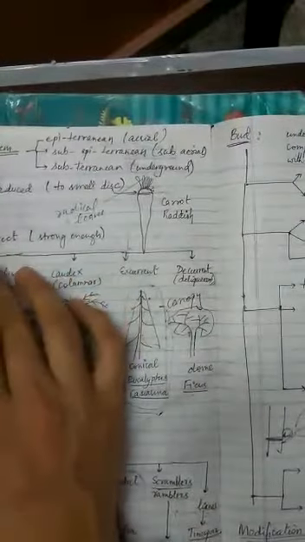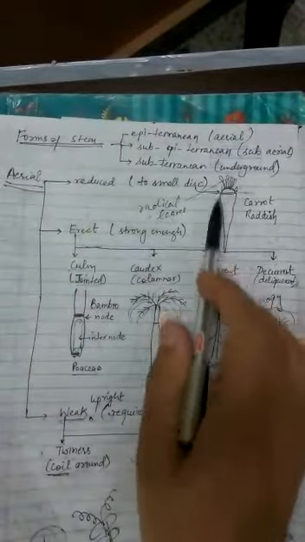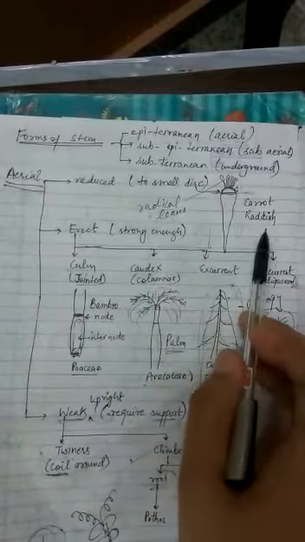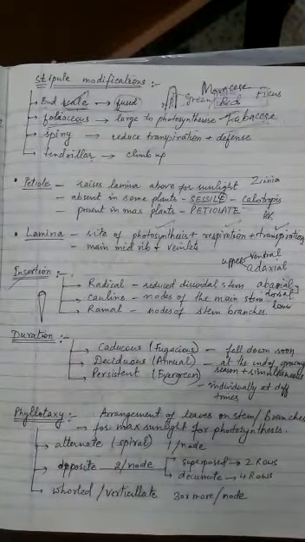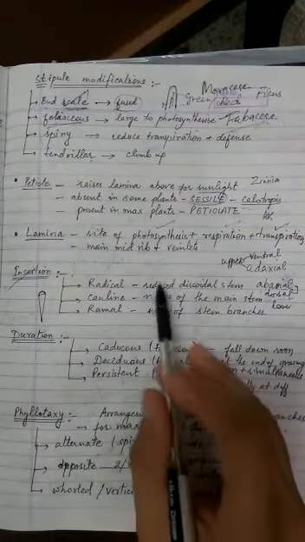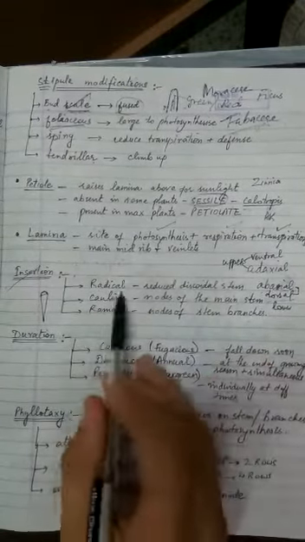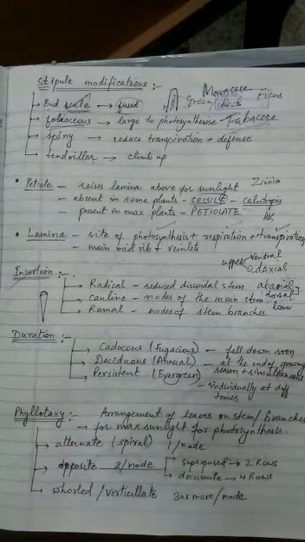Whenever a stem is aerial but reduced, I think you remember this diagram, example carrot and radish, then because the stem is quite small, it appears like the leaves are growing from the root itself. Such leaves which come from the reduced discoidal stems are called radical leaves.